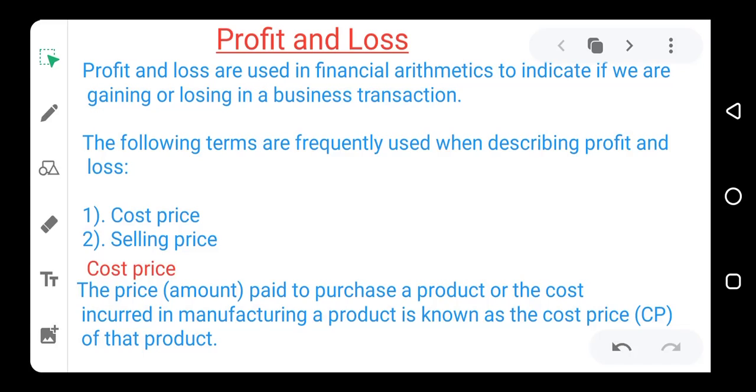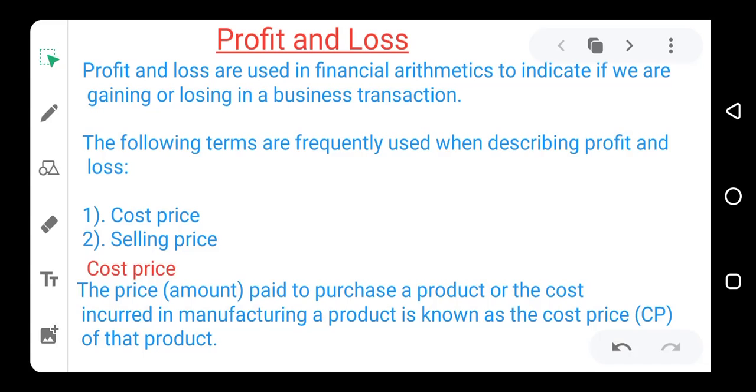If someone is selling an orange for 50 naira and we pay 50 naira to purchase it, the 50 naira that we pay to purchase the orange is what is called the cost price. If someone is selling a biro and we pay 10 naira to purchase the biro, the 10 naira that we pay to purchase the biro is called the cost price.